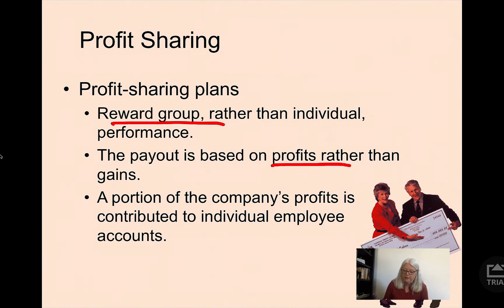It's based on profits rather than gains, so it's whatever makes the company profitable. The employees get a percentage of that profit. Oftentimes it's put into a retirement plan for the employee, sometimes cash, but more often than not it's put in the form of some sort of retirement plan.